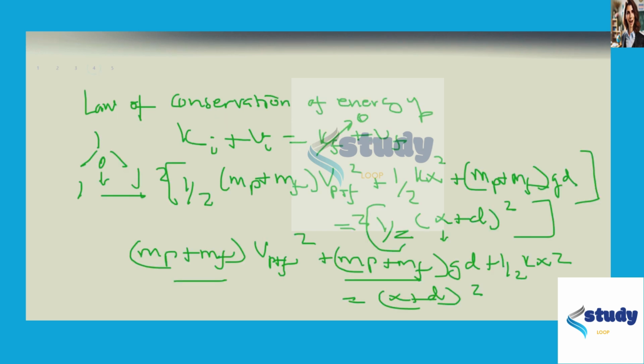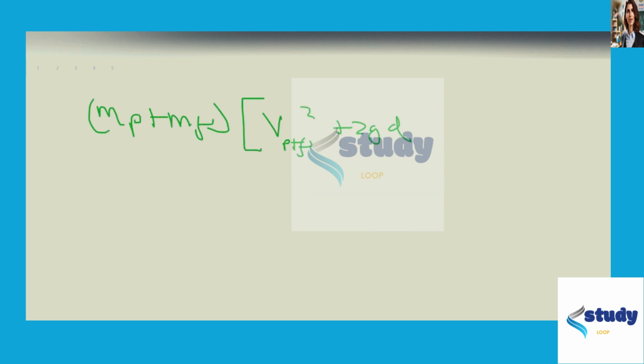We multiplied everything by 2, so there was supposed to be a 2 right there. And then on the other side, we have plus kx squared equals k x plus d squared. Our target is this displacement, the final displacement. That's what we're looking for.